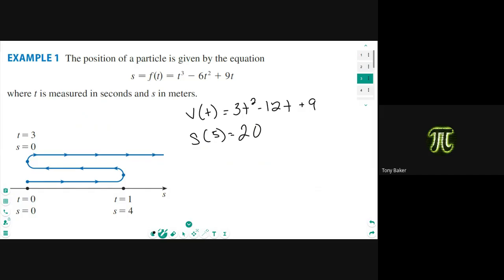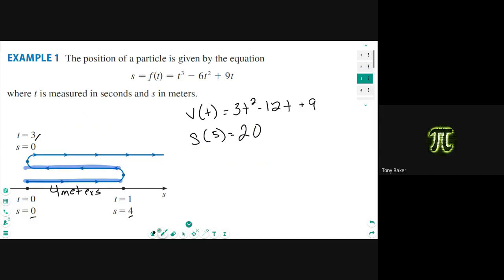So if we plug in 0 to S, we get 0. If we plug in 1 to S, we get 4. So how far is that line right there? That's 4 units, or in this case, 4 meters. Now, if we plug in 3, the next place it changes direction, we also get 0.